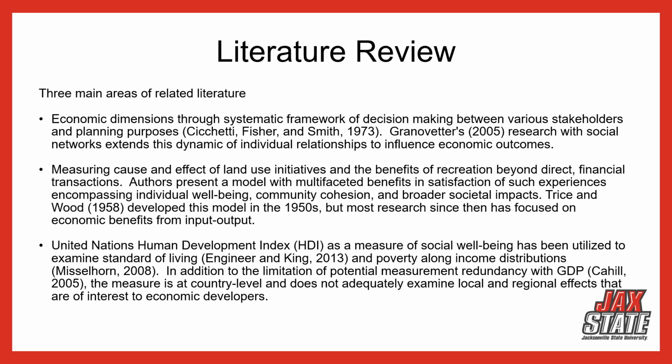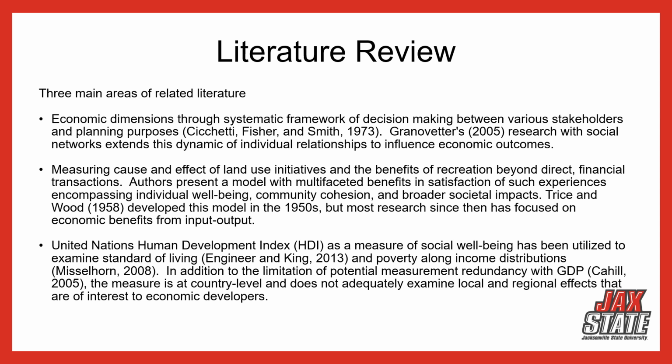Now, in the literature review, there are three main areas that we found. Again, considering the economic dimensions, these look at how stakeholders interact for planning purposes, and you have various social networks and the dynamic impact of these relationships between and among the various stakeholders.